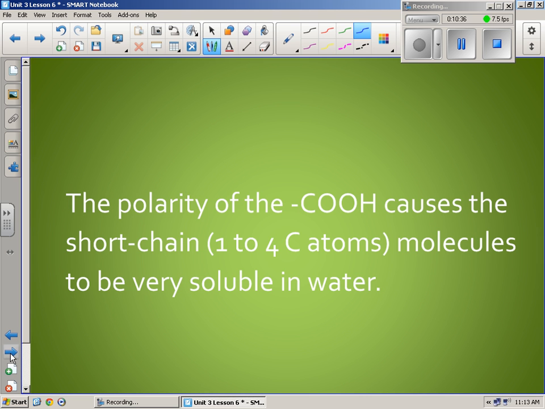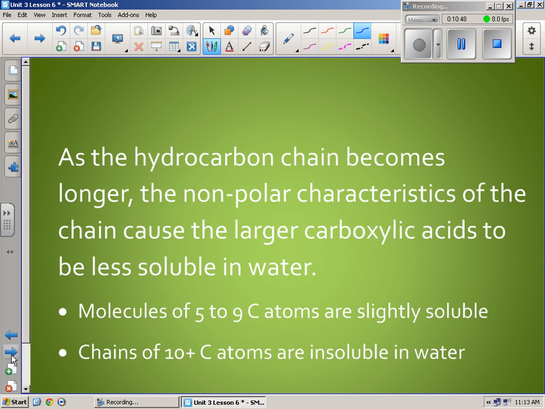So what happens is when you get to 5 to 9 carbons, somewhere in the middle there, it becomes slightly soluble in water, so they tend to decrease in solubility. And then once you get above 10, it basically becomes insoluble in water. So once you get very, very long chains of carbons, that polarness tends to wear out, and they become insoluble in water.